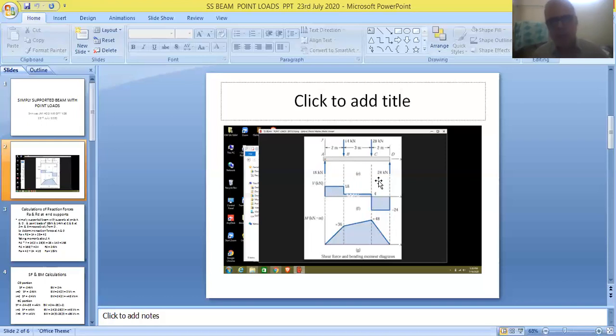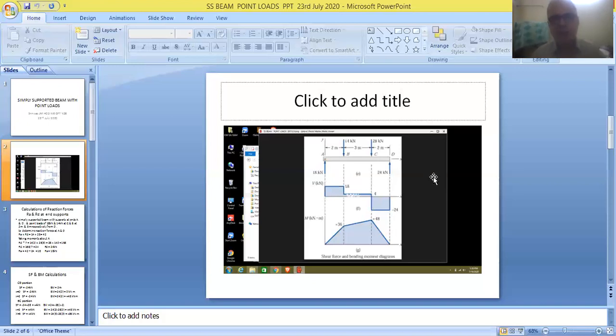So always it is better to start at the right side of the beam and proceed towards the left end of the beam in reverse direction. If you move from this point to this point, it is called the forward direction. Now you are moving from this point to this point, so it is called the reverse direction.